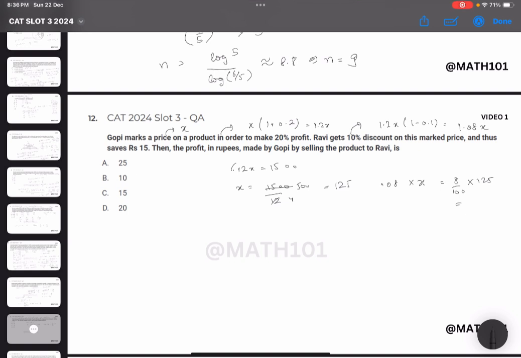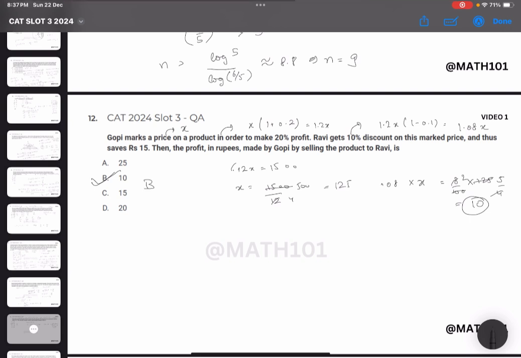So it's 5, this becomes 4. On dividing by 25, this becomes 2. This equals 10. So Gopi makes a profit of 10 rupees. The answer is B.